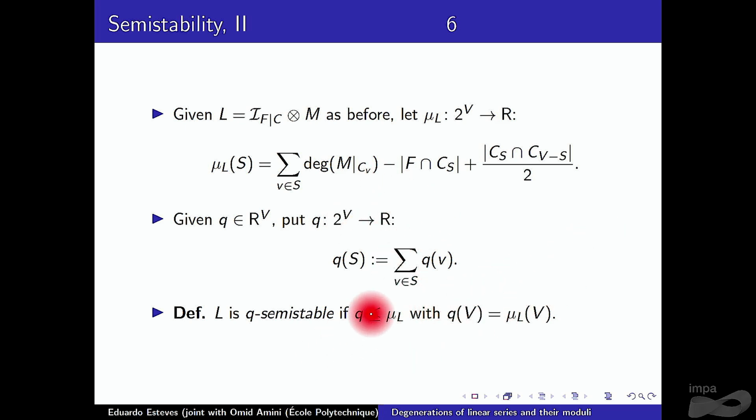Here, I'm thinking of it as a function on the parts U. Q of U is this definition here, the sum of the Q's. So that's the total degree of Q compared to the total degree of L. In this case, the total degree of L is the degree of M minus the number of points in F.